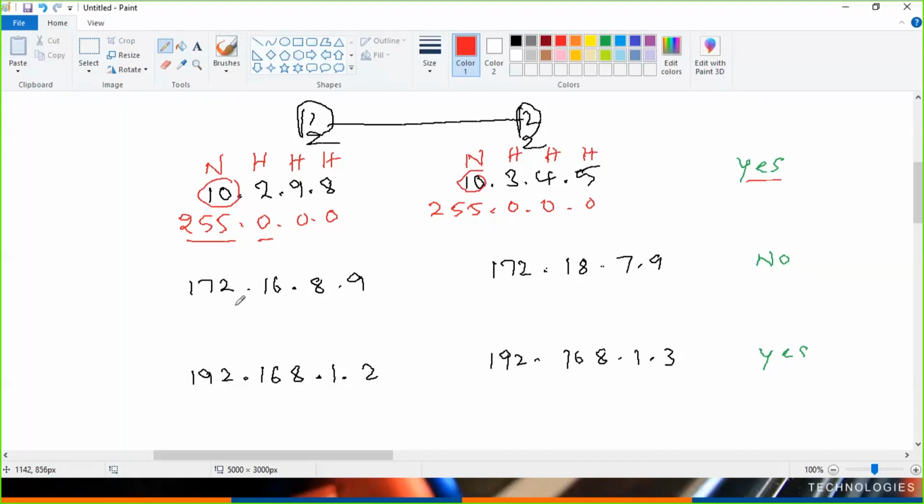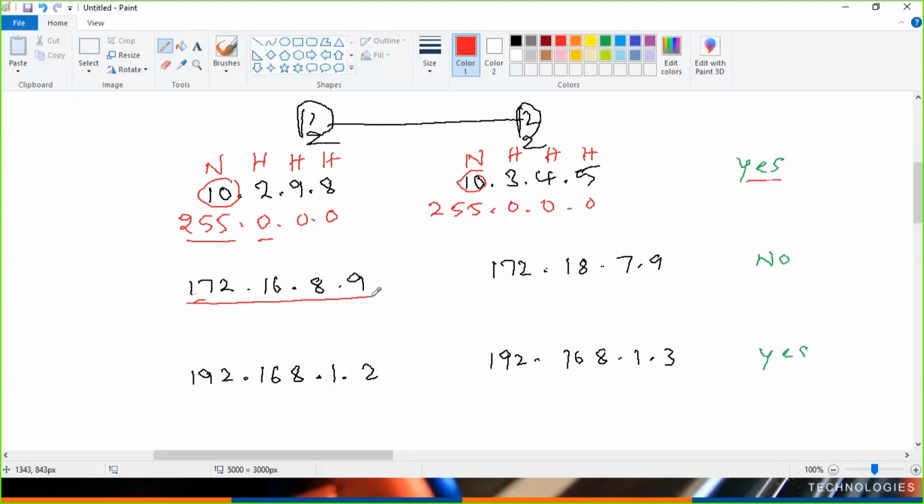One question: will there be an option to put the subnet mask? No, it's mandatory. If the subnet mask is not assigned, then how can the device understand, out of 4 octets in 172.16.8.9, which octet is network portion and which octet is host portion? The subnet mask is put after the IP address.